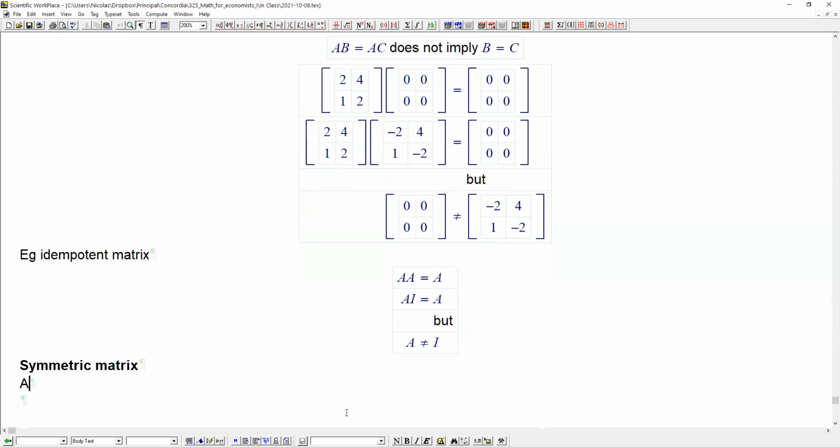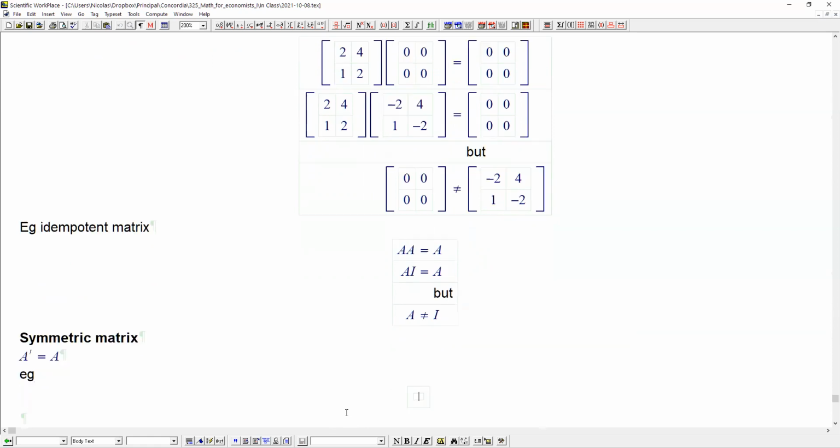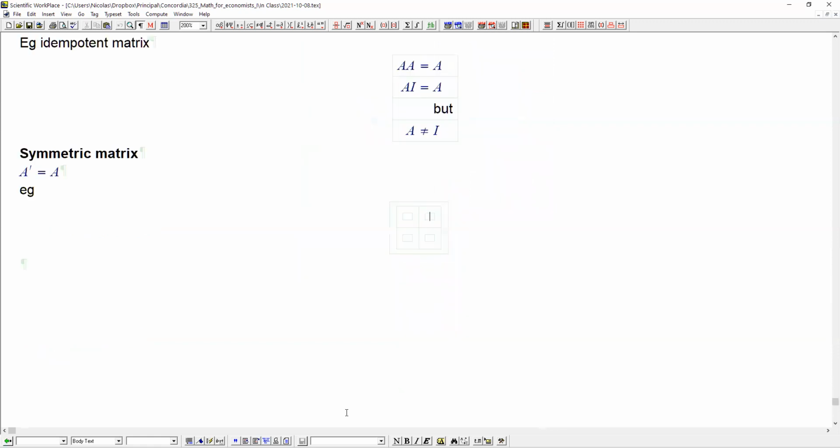It's when A prime equals A. So for instance, 1, 2, 2, 4 equals 1, 2, 2, 4 prime.